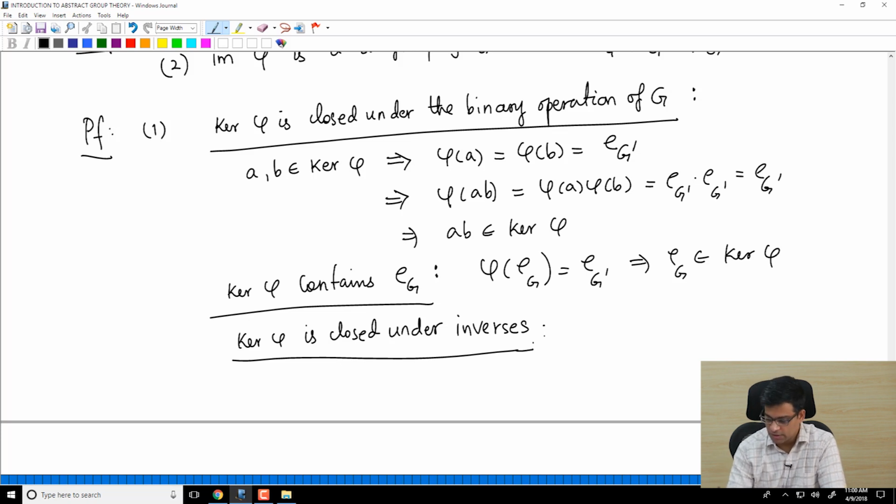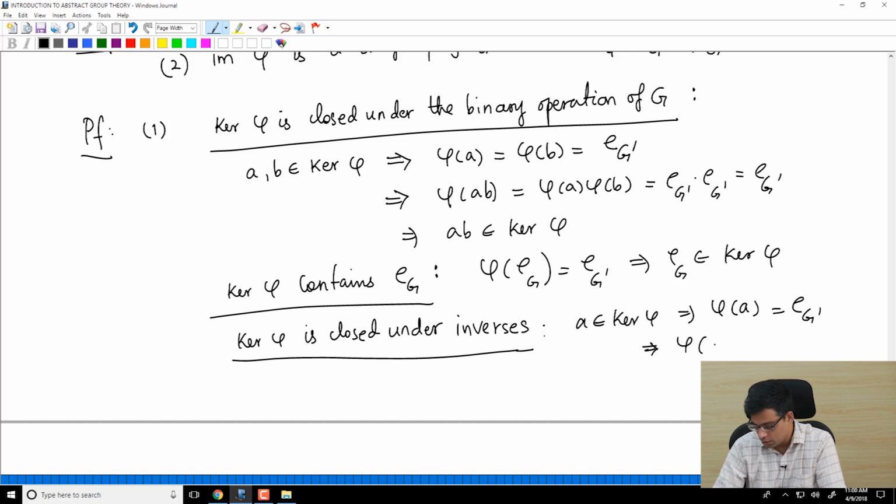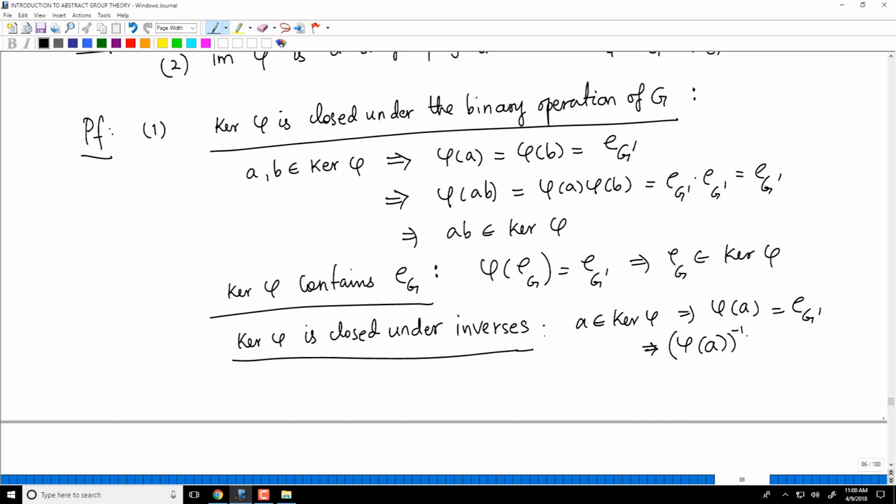Is it closed under inverses? Yes, because if A belongs to kernel phi, that means phi of A is EG prime. So let me write it like this.